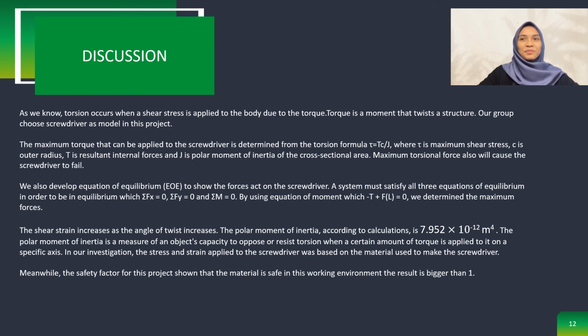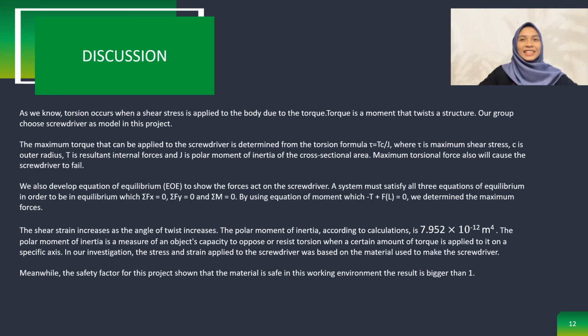A system must satisfy all three equations of equilibrium in order to be in equilibrium, with summation Fx equal to 0, summation Fy equal to 0, and summation of moment equal to 0. By using the equation of moment, negative T plus F times L equals 0, we determine the maximum force.